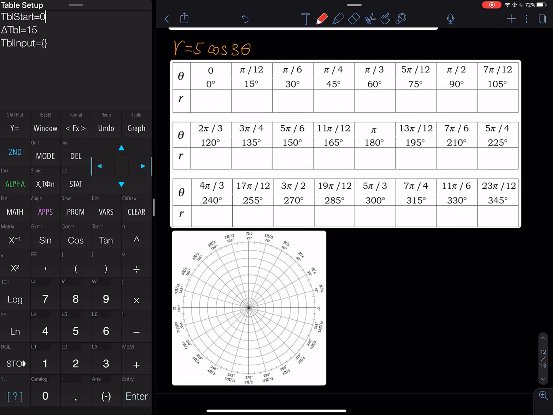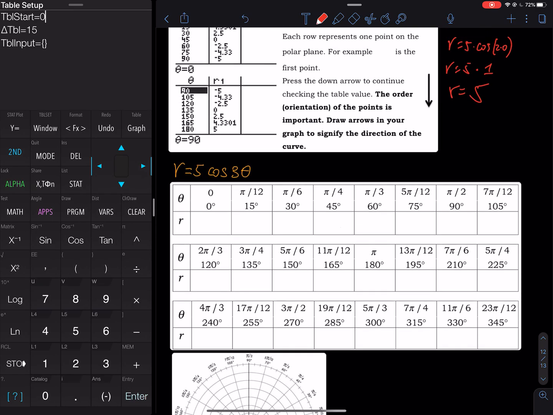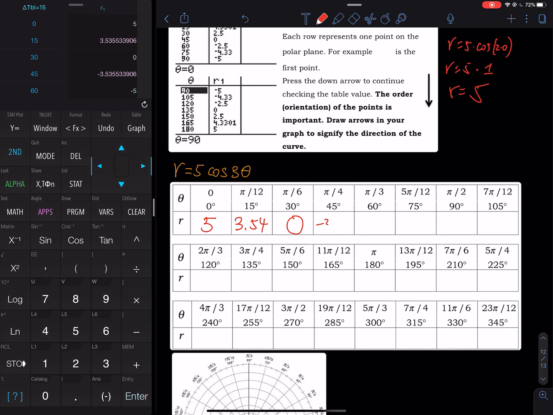And then once the table setup is done, you go to second table and you will see all the numbers in there. So the first one, when theta is equal to 0, r is equal to 5, and then the next one is 3.53, right? Let's just round. So 3.54, and then 30 degree, you have a 0. 45 degree, you have a negative 3.54, and then 60 degree, you have a negative 5.